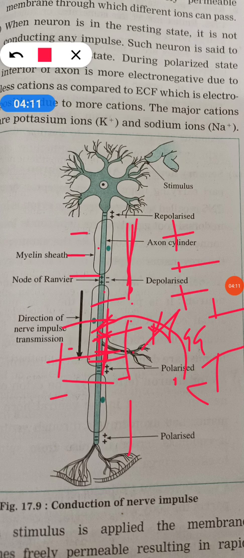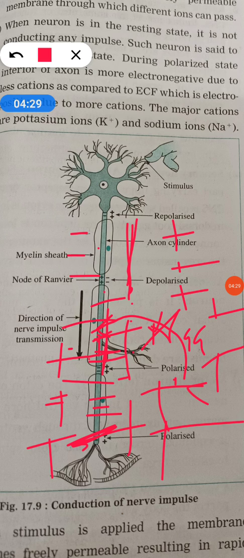Then in the repolarization state, when the conduction and propagation of the nerve impulse reaches near the axon terminal, there is again a change in the states, and the inner side becomes electronegative and the outer side electropositive.